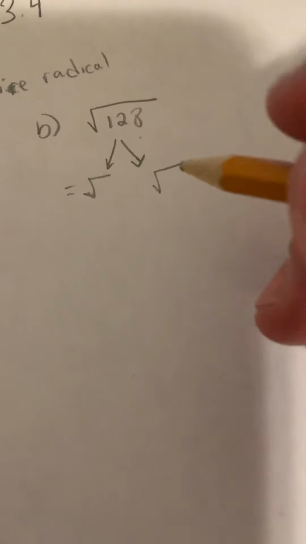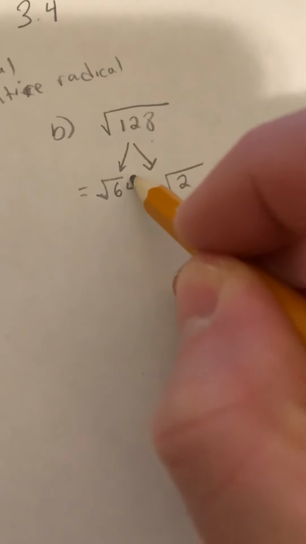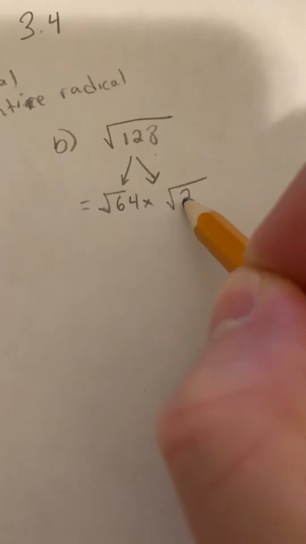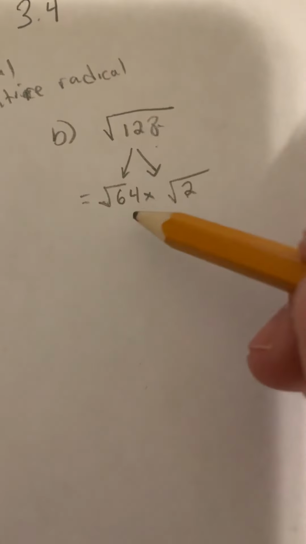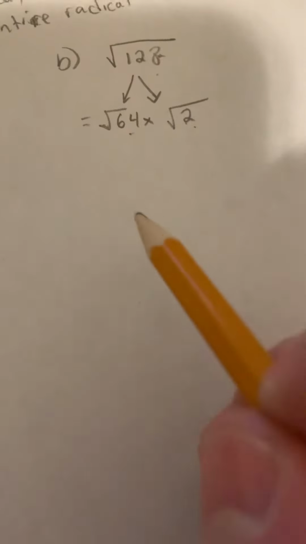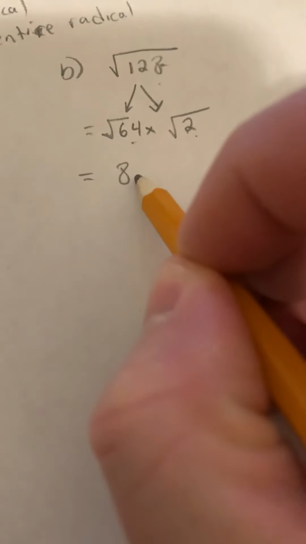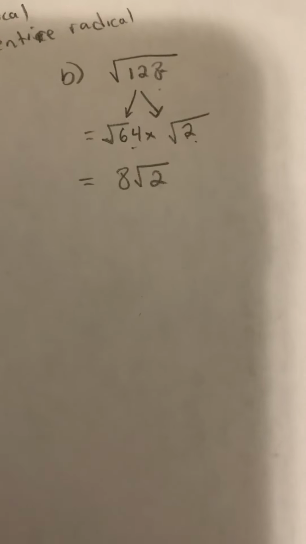If we divide 128 by 2, we get 64. So the square root of 64 times the square root of 2 gives you 128, since 64 times 2 is 128. 64 can be square rooted nicely; the square root of 64 is 8. We carry down the root of 2, and that's it. You don't have to do anything further.